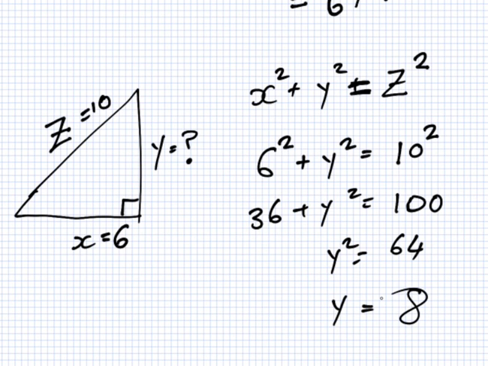So for example, let's say x is 6 and z is 10 and I don't know y. So 6 squared plus y squared equals 10 squared. 36 plus y squared equals 100. Y squared equals 64. Y equals 8. Pretend, okay?